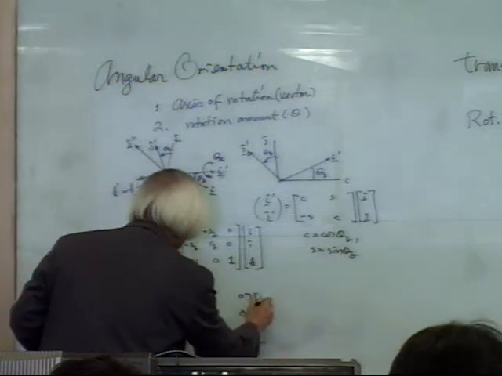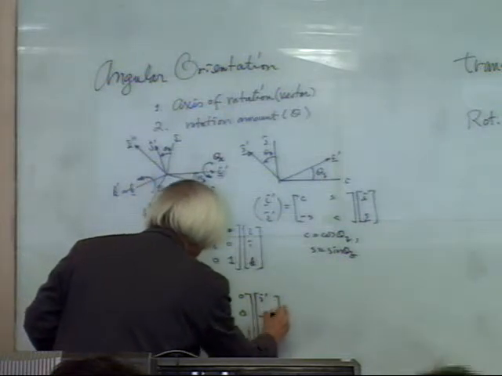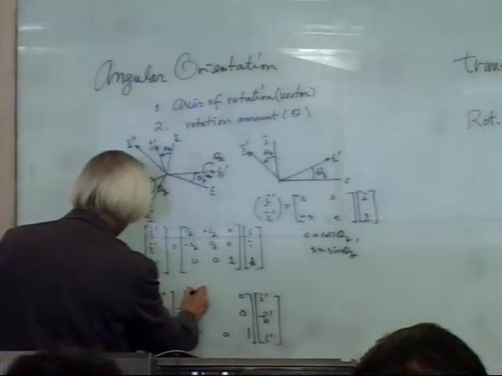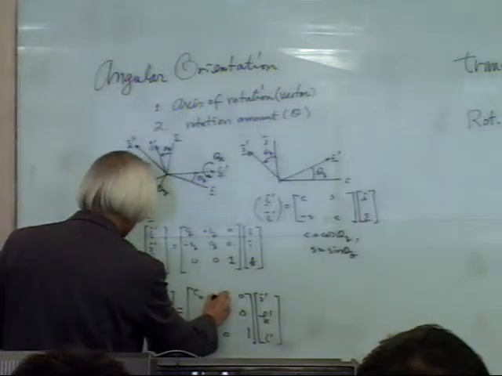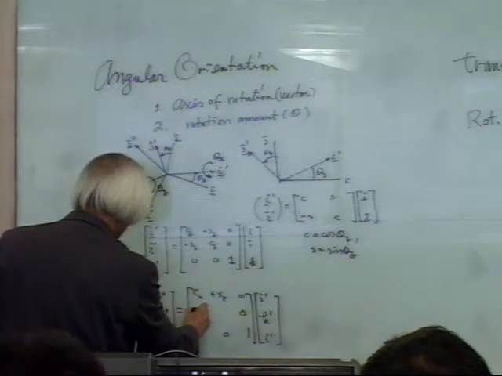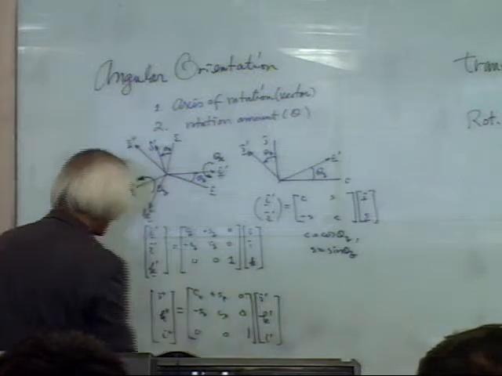And I have here J prime, K prime, I prime. Okay? Then I have cosine X, minus sine X, sine X, cosine X. It's like that.